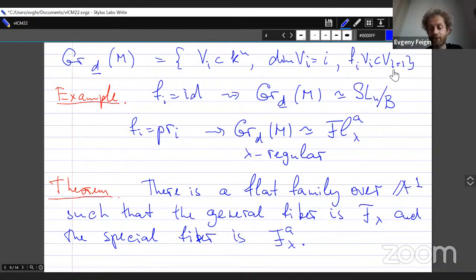Of course, we can consider a family not over A1, but over all possible maps between the n-dimensional vector spaces. And this is going to be a very interesting family, and we were able to derive certain results on this.